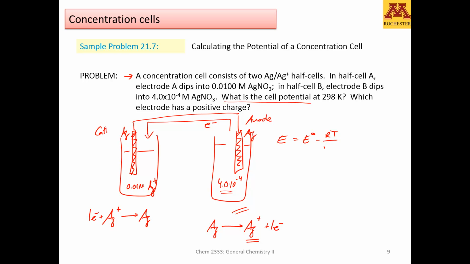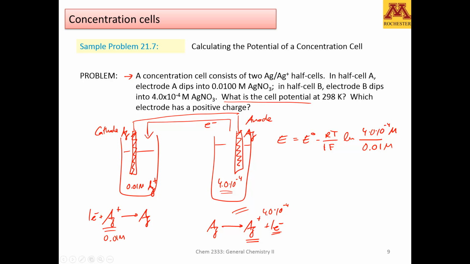This will be your cathode. So the reactants are 0.01 molar and the products 4.0 times 10 to the negative 4. Notice that the number of electrons is 1, so just 1 times F, logarithm of the concentration of products, which is in the anode, 4.0 times 10 to the negative 4 molar, over the concentration of reactants, 0.01 molar.